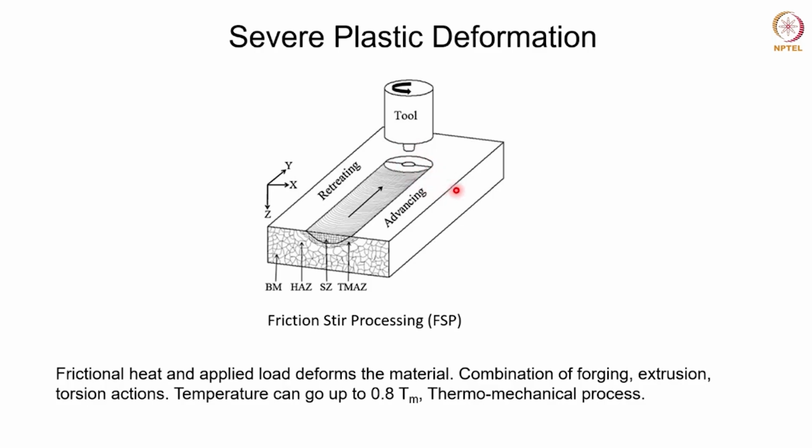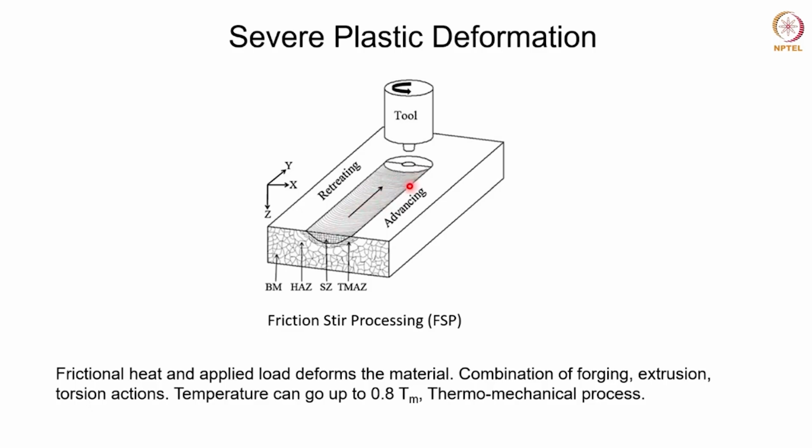And since a vertical load is also applied, once the material is plastic enough, once it is plasticized, then it will start to deform. And then as the tool is moved in a particular direction, like this, with a particular traverse speed, the material will be subjected to severe plastic deformation and it will be processed.